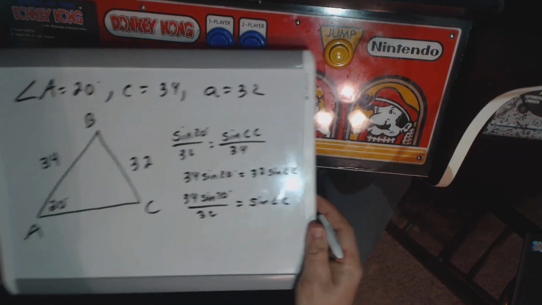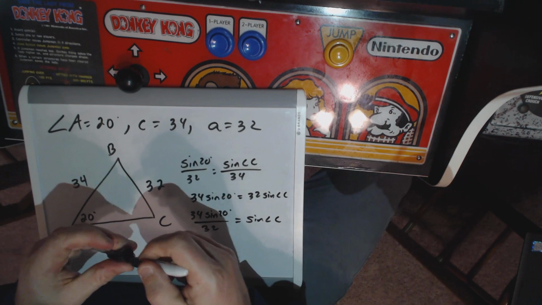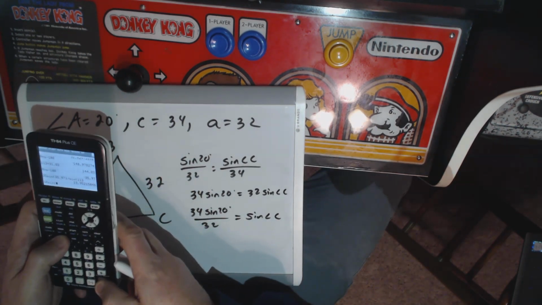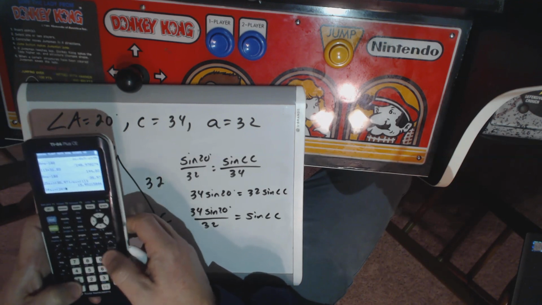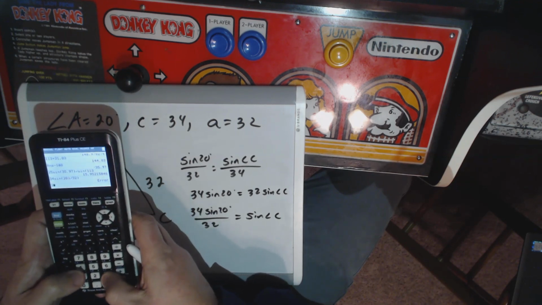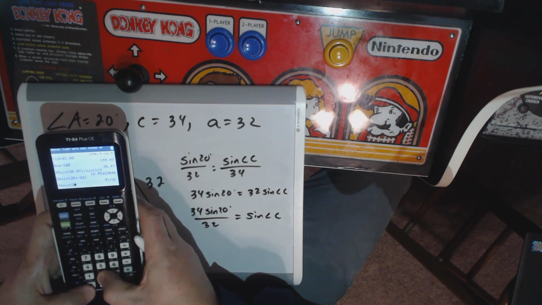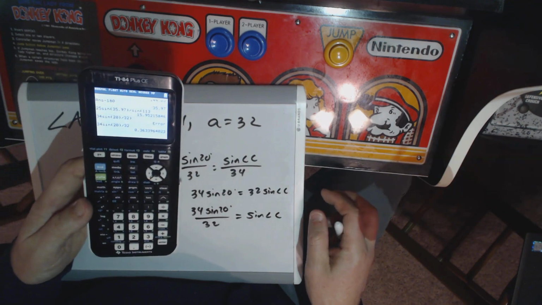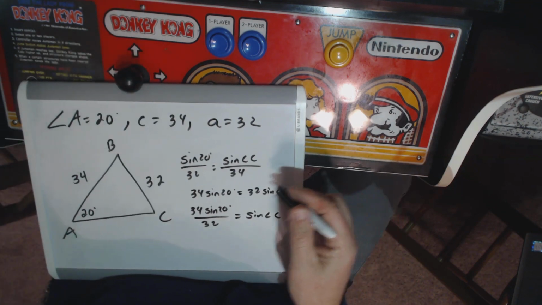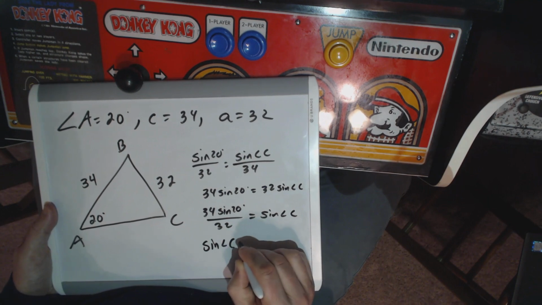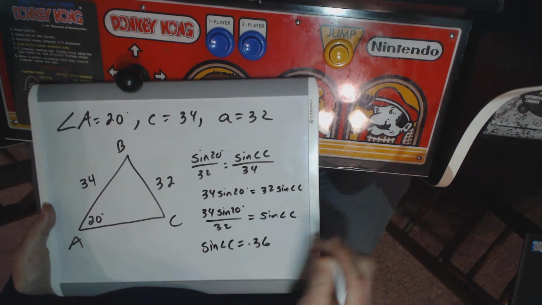So I'm going to get a little decimal approximation here. 34 sine 20 divided by 32. I put an extra parenthesis there because I'm an idiot. 34 sine 20, excuse me, divided by 32. 0.36-ish, okay? So sine of angle C is about 0.36, okay?